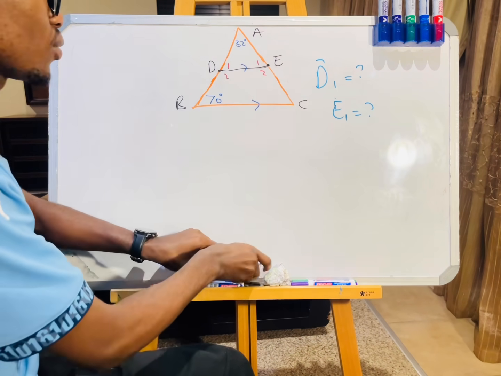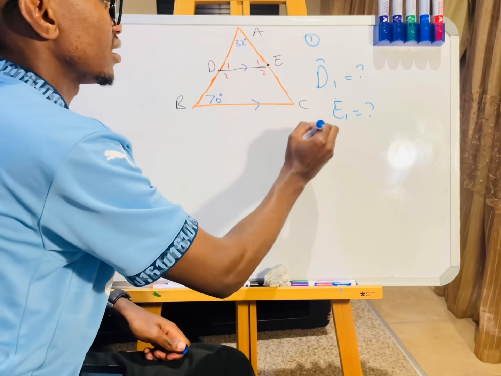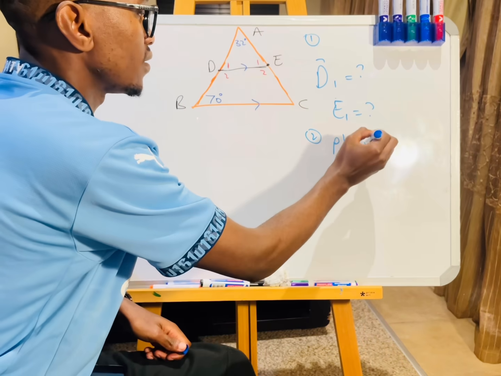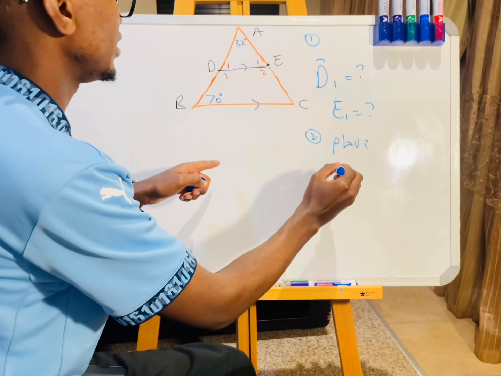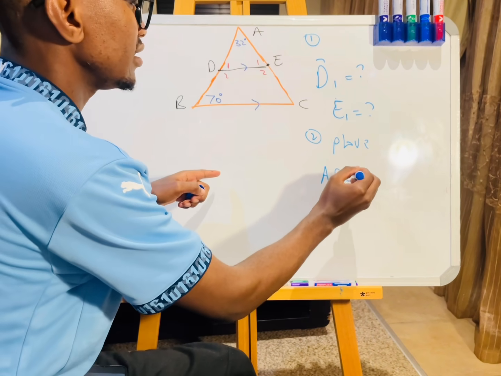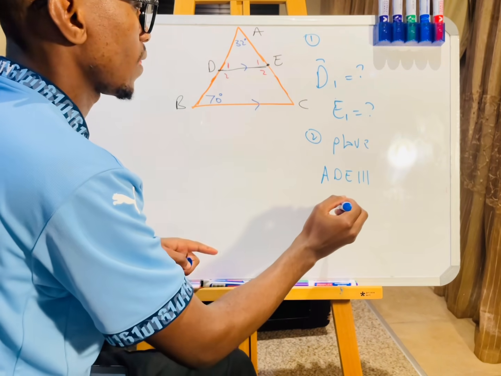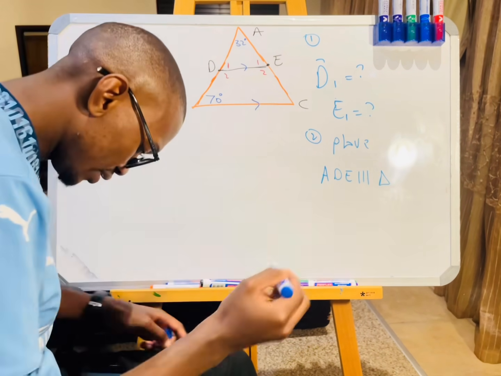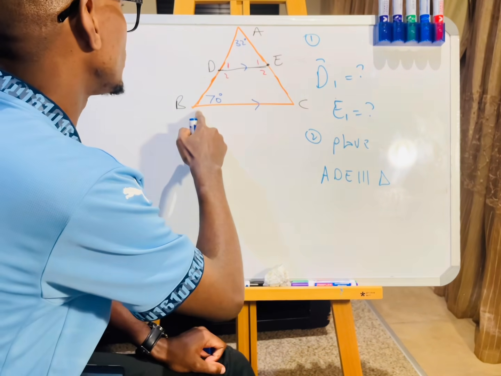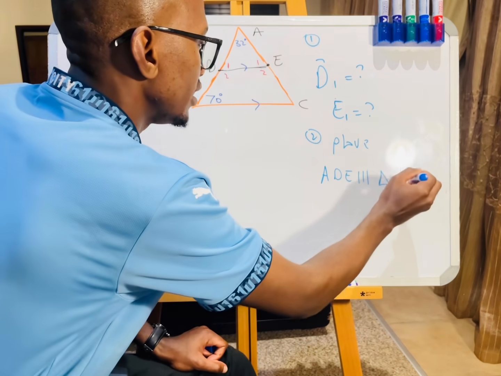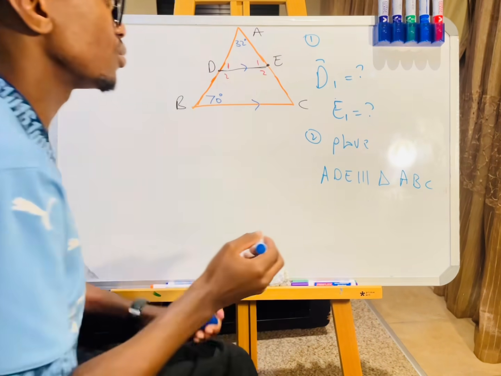Oh, and then the last one, that's number 1. Number 2, we need to prove that triangle ADE is similar to triangle, is it similar or is it congruent? Yes, it's similar to triangle ABC. We need to prove that they're similar.